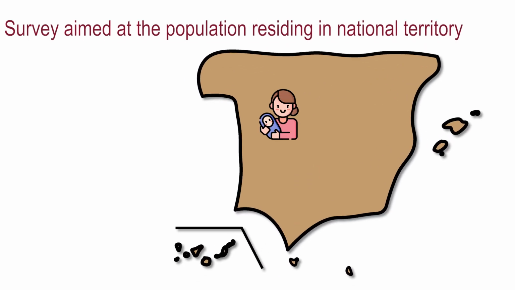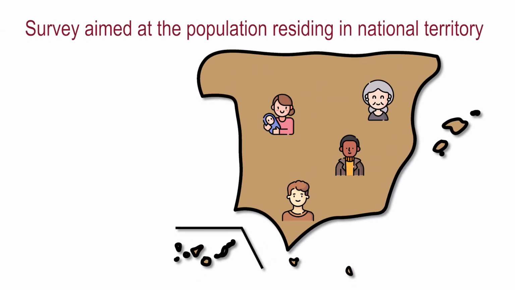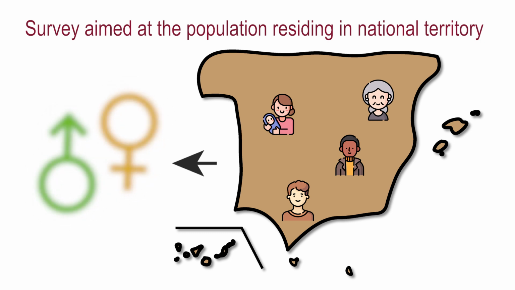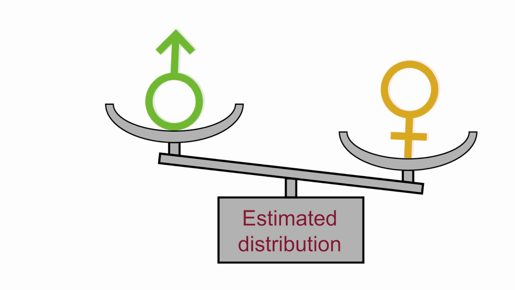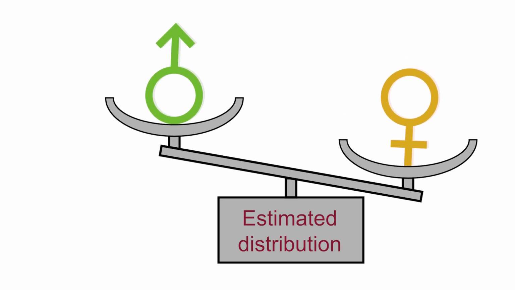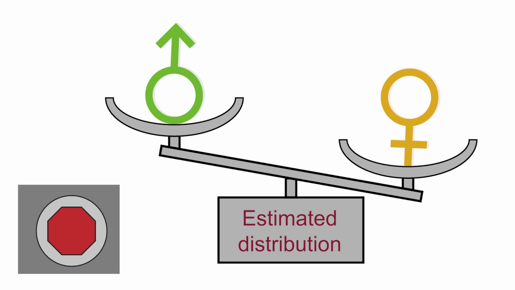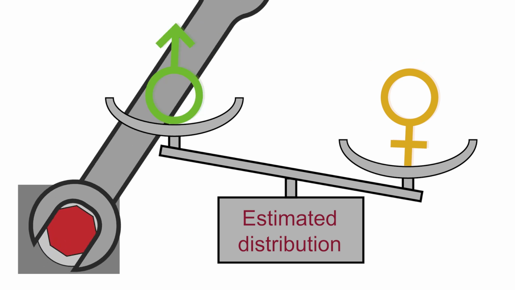For example, if the survey we are considering is aimed at the population residing in national territory, and the sampling process has not taken into account the sex of the individuals, it's quite possible that by including the factors of men on the one hand and women on the other, we will obtain an estimated distribution of 75% women and 25% men, or any other distribution that is far from what is expected, 50-50. In order to solve issues such as this one, we apply calibration techniques.